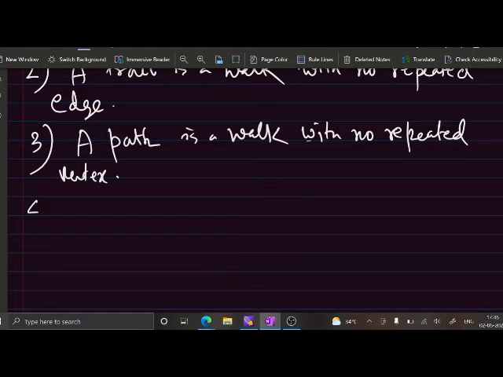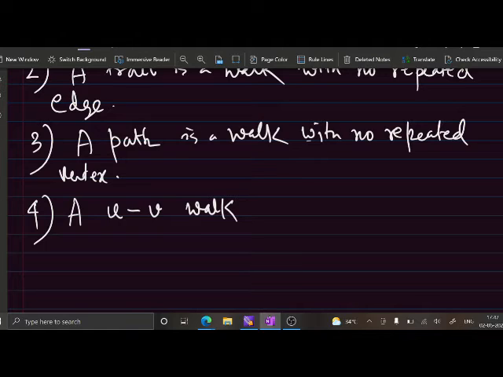Now suppose you take two vertices in a graph, U and V. What does it mean by a UV walk?